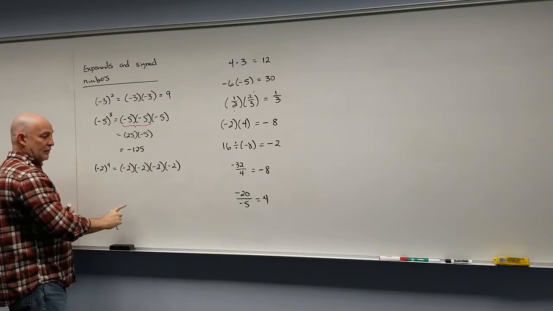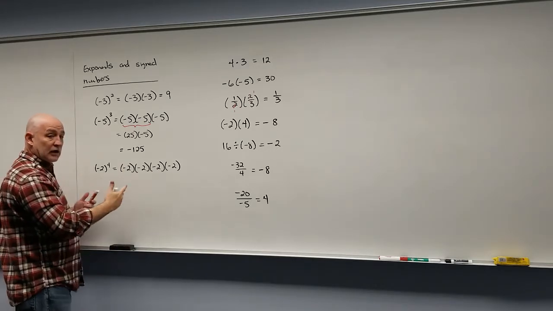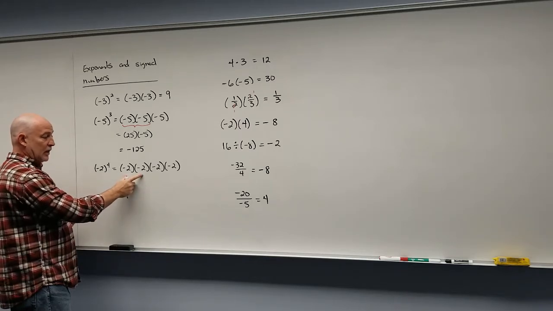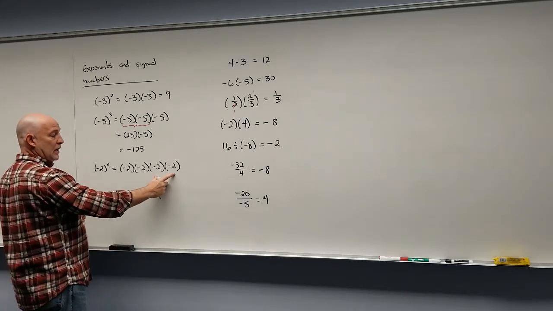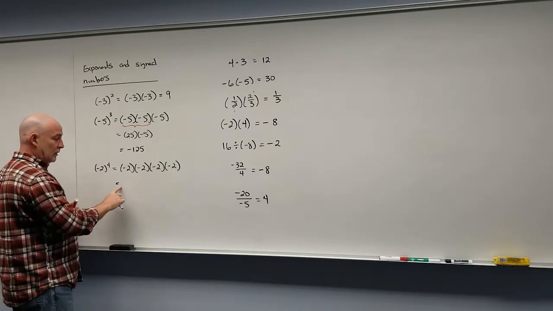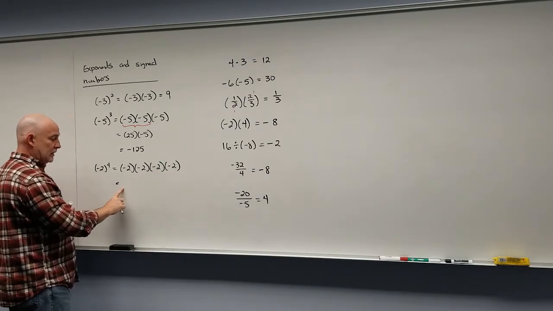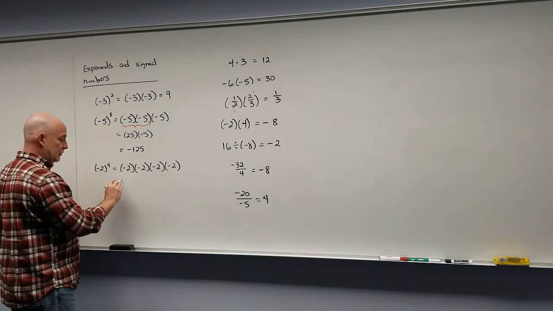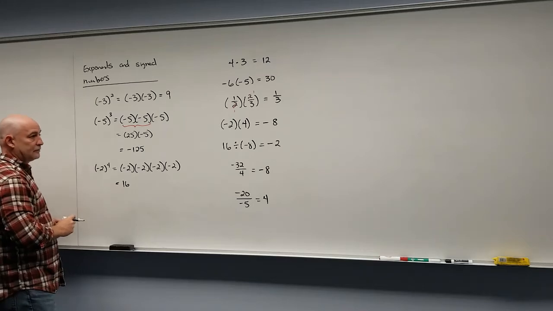So what do you think is going to happen down here? Well, we have 4 negatives. Kind of think about them as pairing up to make positives. So these 2 negatives are going to make a positive. These 2 negatives are going to make a positive, and a positive times a positive is going to be a positive. So we know just by looking at this, our answer in the end is going to be positive. 2 times 2 times 2 times 2 would be 16.